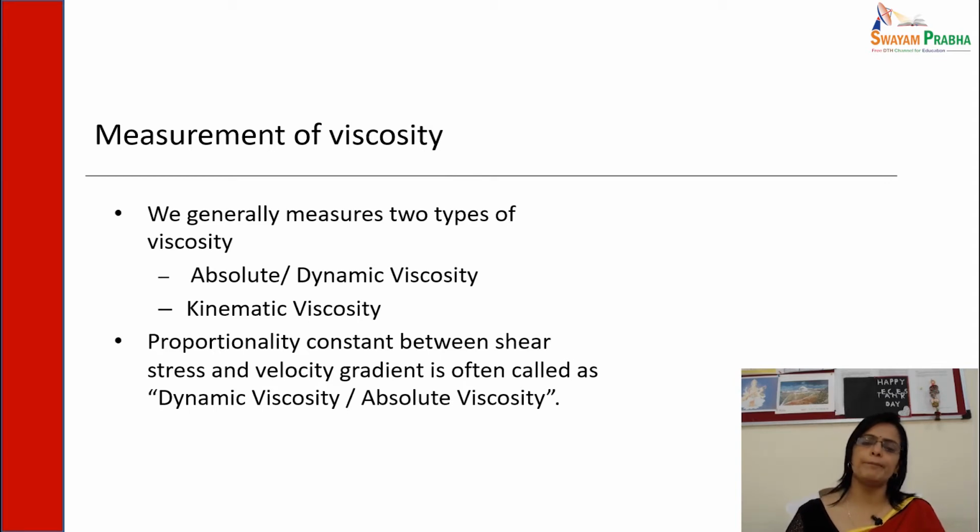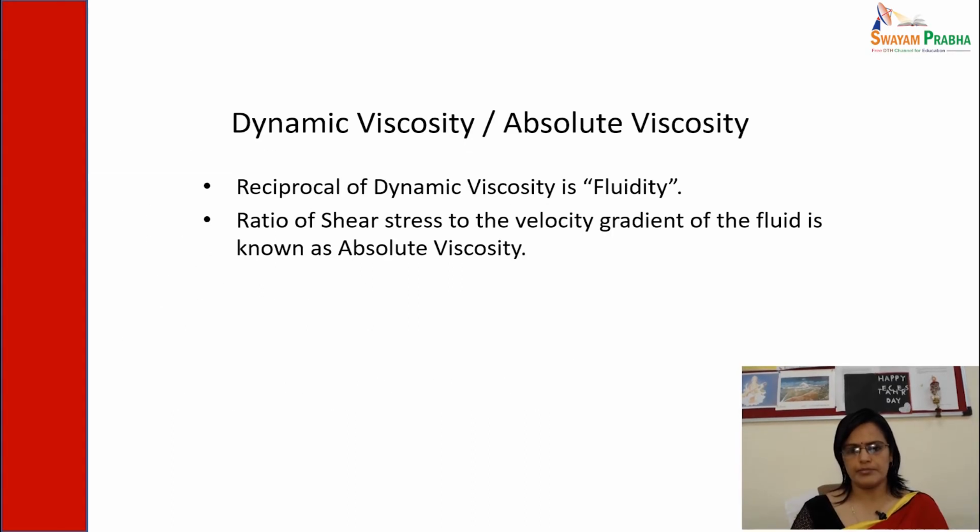The proportionality constant between shear stress and velocity gradient is often called dynamic viscosity or absolute viscosity. The reciprocal of dynamic viscosity is fluidity. As you know, the ratio of shear stress to velocity gradient of the fluid is known as absolute viscosity.